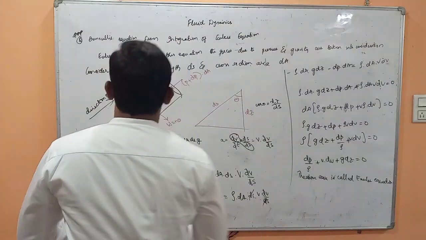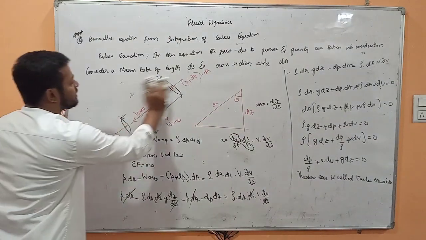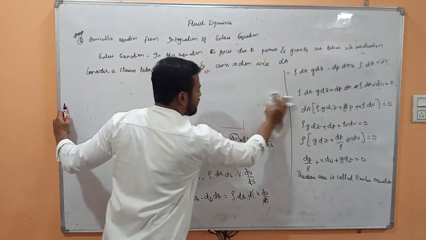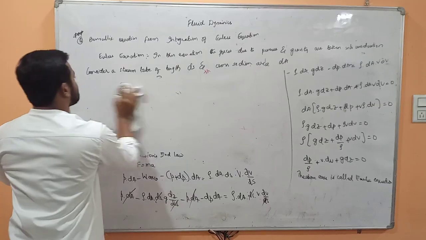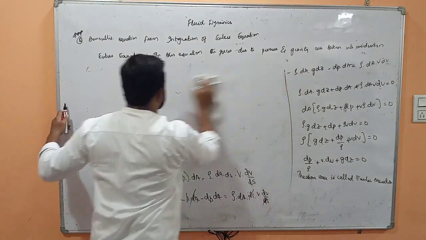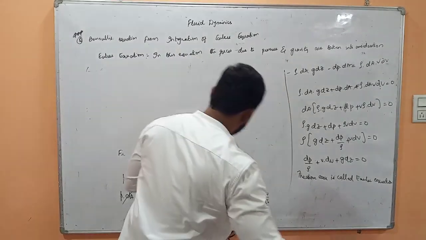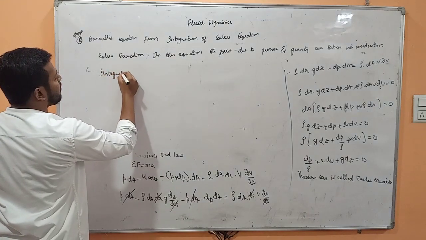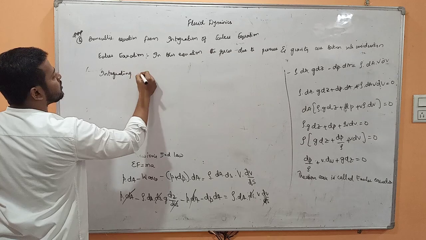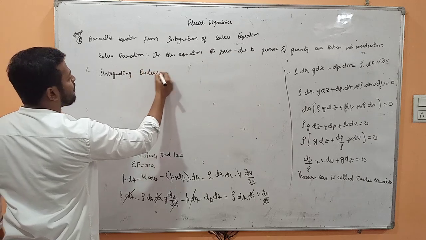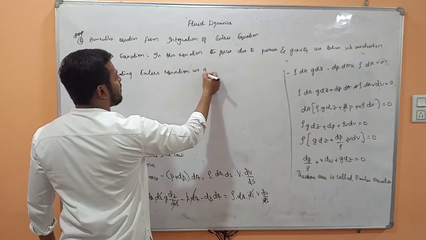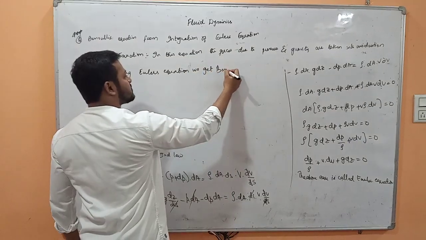On integrating Euler's equation, we get Bernoulli's equation.